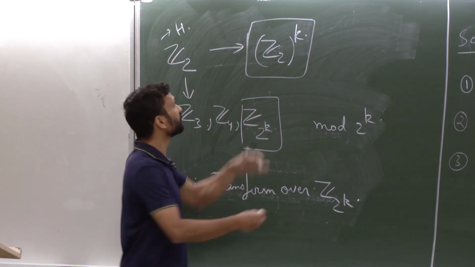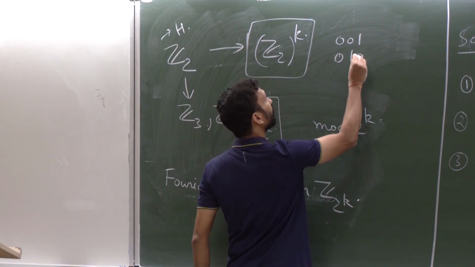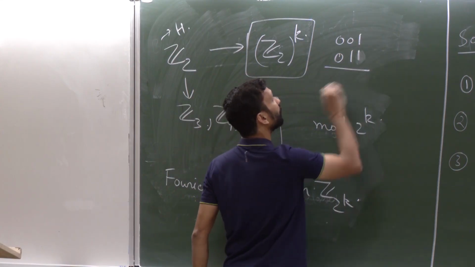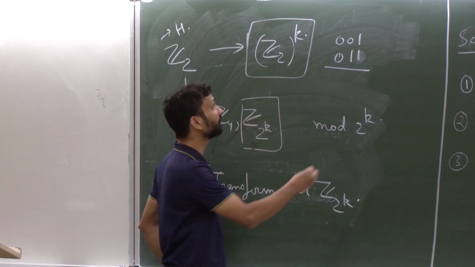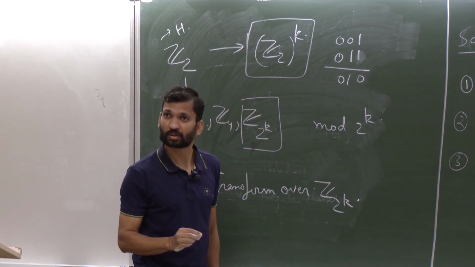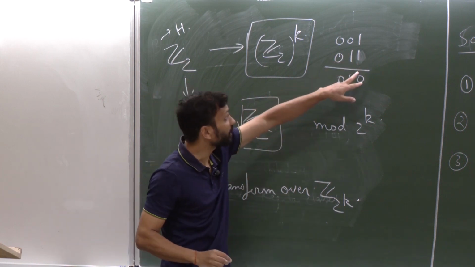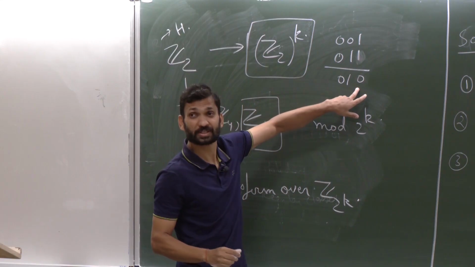The point is here, for example, if I add these two, what will I get? 0, 1, 0. I am adding coordinate-wise modulo 2, right? So I am getting 0, 1, 0.